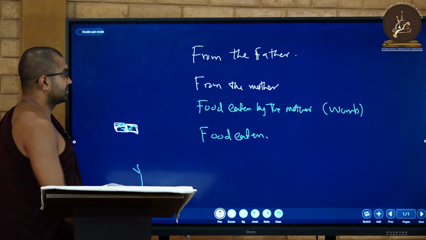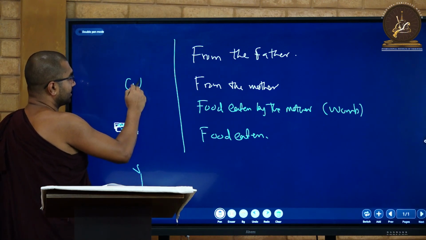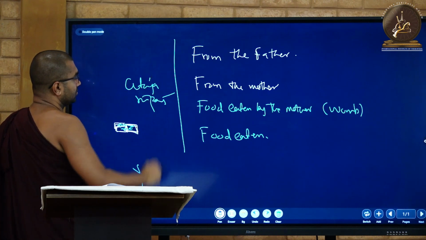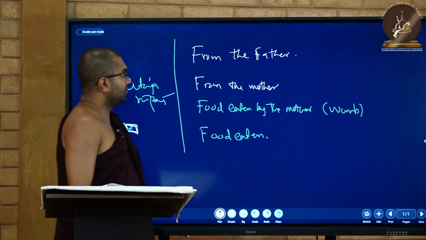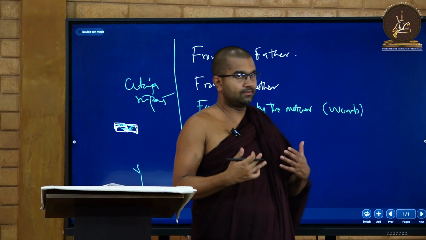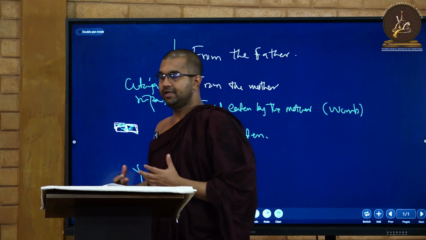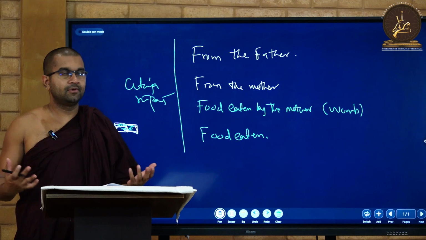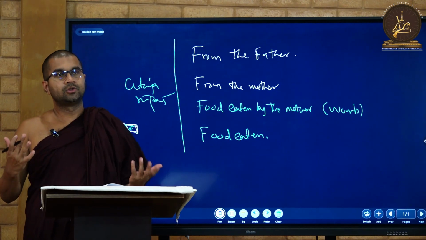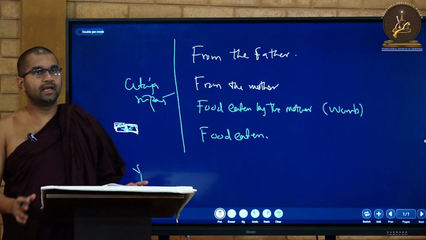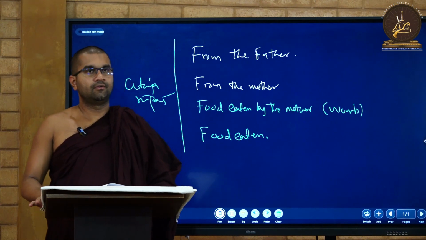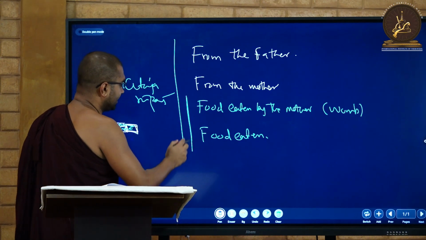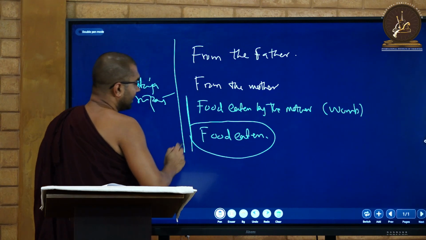These are the four major sources of Utthaja Rūpas. Now, for example, the parts of the father's body and the mother's body, they got them through their parents and from the food they have consumed. We'll first focus on these two aspects, especially the last one, the food we eat.